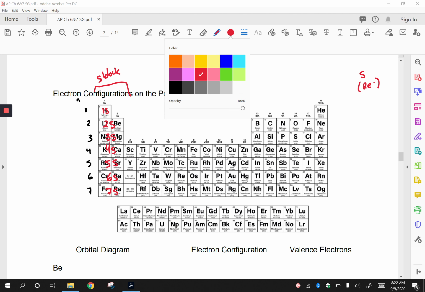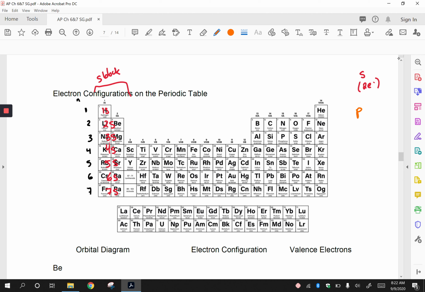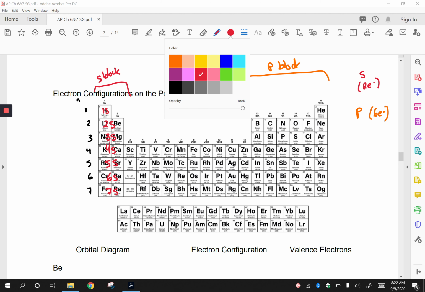Then we have the P. And the P sublevel has 3 orbitals, and so it can take up to 6 electrons. So you look for a block of 6, and you see that there's the P block. Now helium actually belongs with the S's here. Some people argue that helium should be here on the periodic table, but they place it here because it's a noble gas. So this is actually part of the 1s.